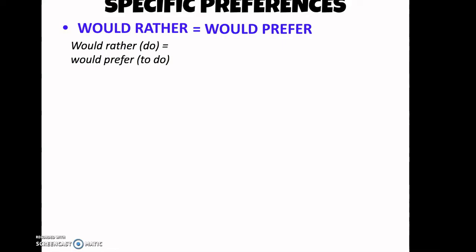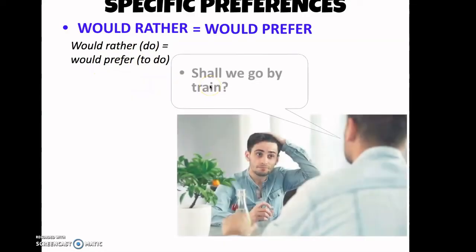So remember the pattern that we follow: would rather do, or would prefer to do. So infinitive without to for would rather, and infinitive with to for would prefer.